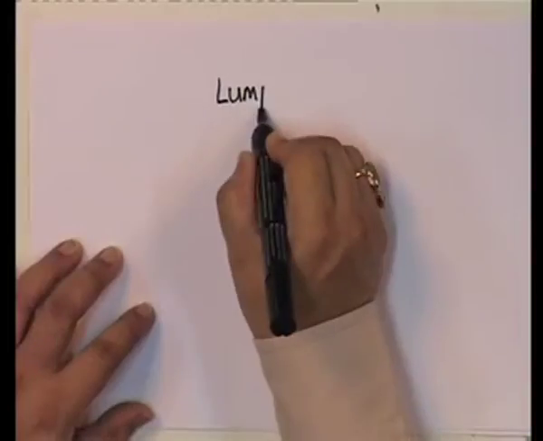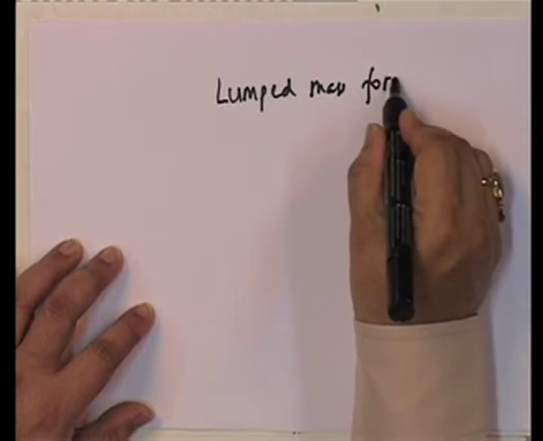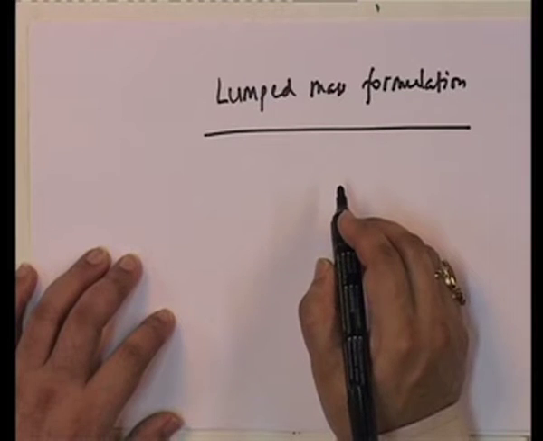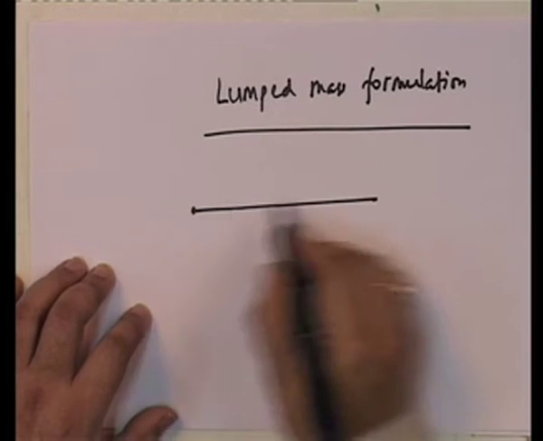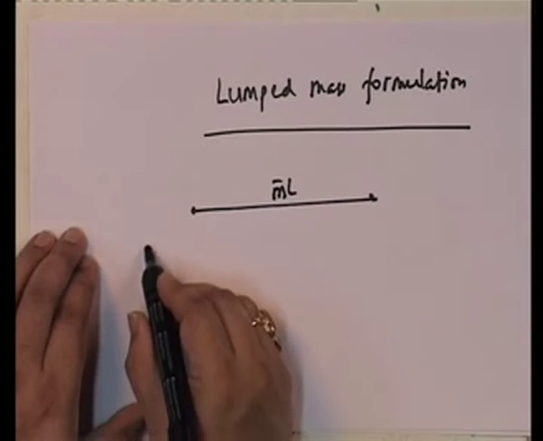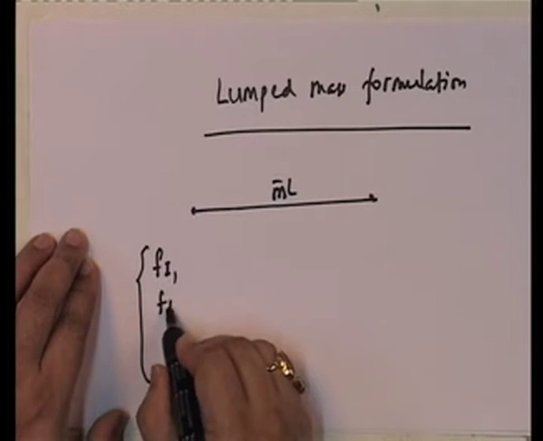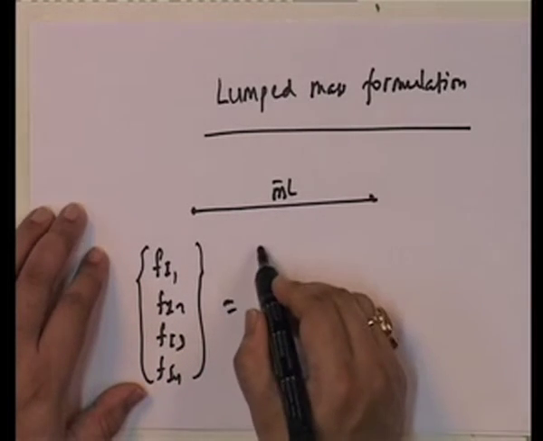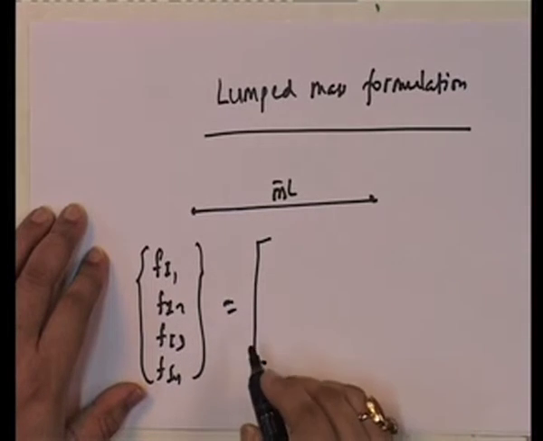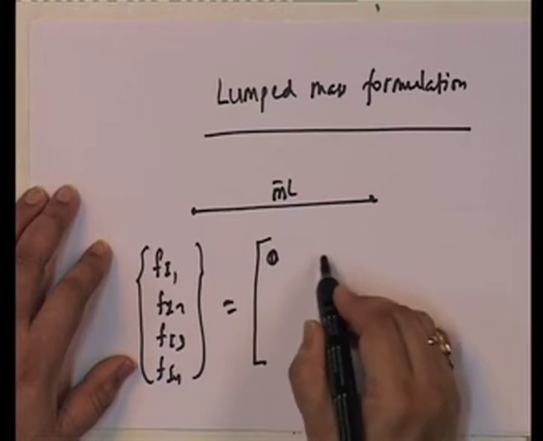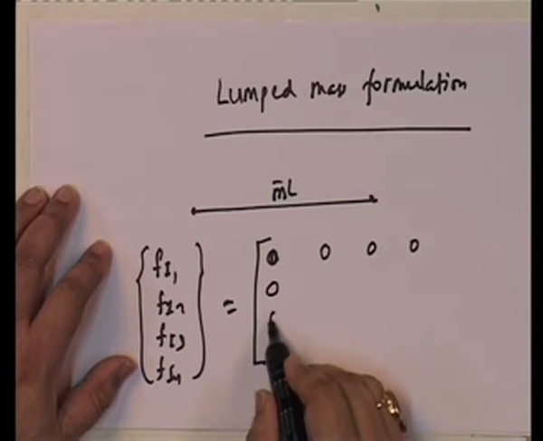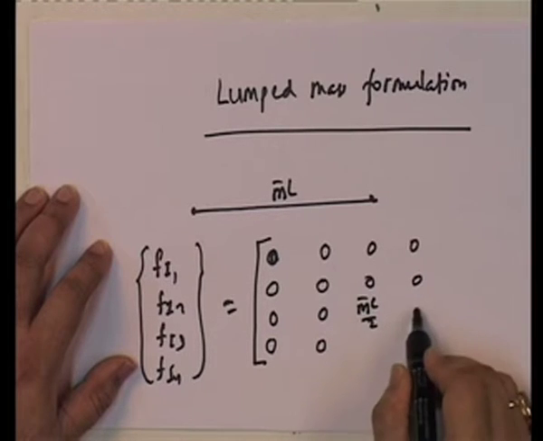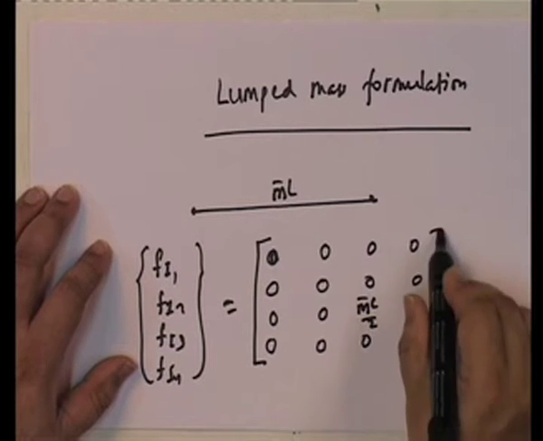In the lumped mass formulation, what we have is that m bar L is the total, and so my inertia forces F I 1, F I 2, F I 3, F I 4 at the member level are equal to 0, 0, 0, 0, 0, 0, 0, 0, 0, 0, 0, 0, m bar L by 2, 0, 0, m bar L by 2.